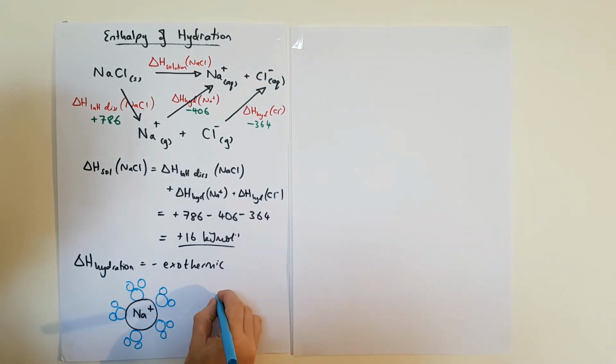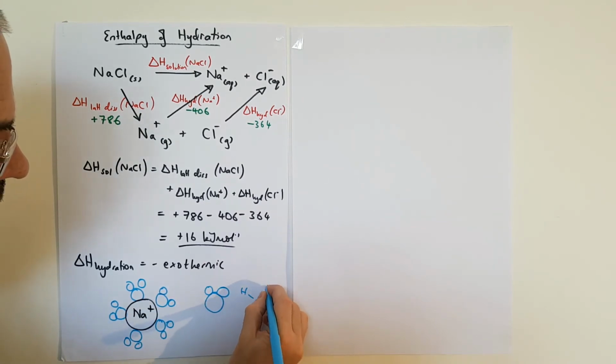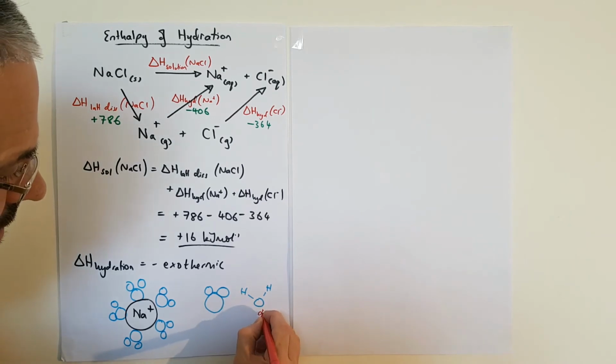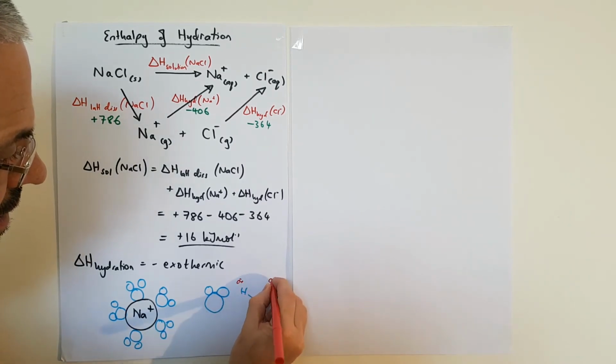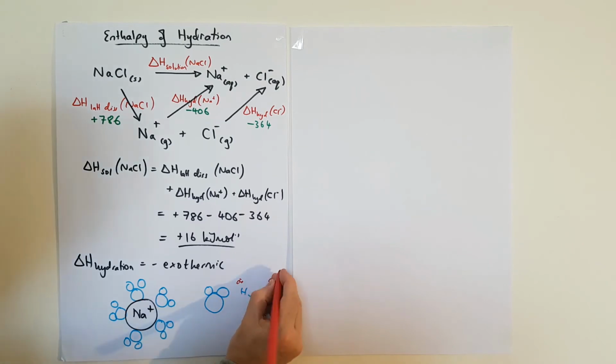Of course, if I think about our water molecule, it's something like H2O like that. They would orientate themselves that way around because the water is polarized towards the oxygen. The oxygen's more electronegative, so it attracts more electrons away from the H's, so that should be a plus.